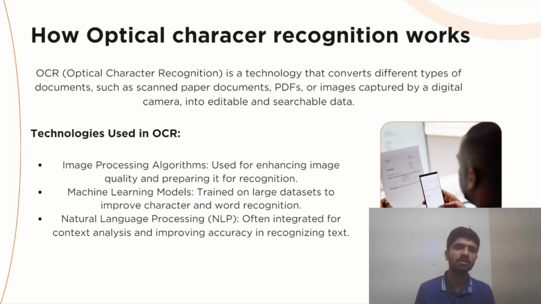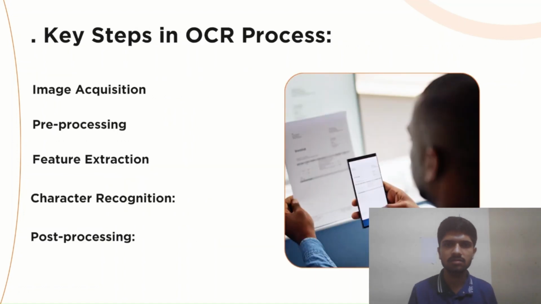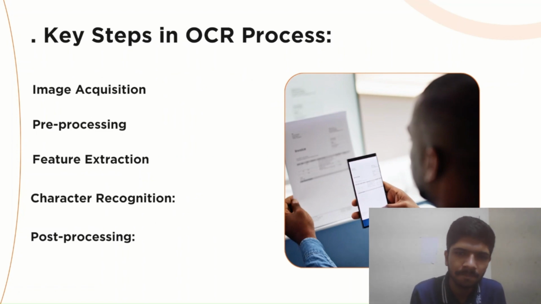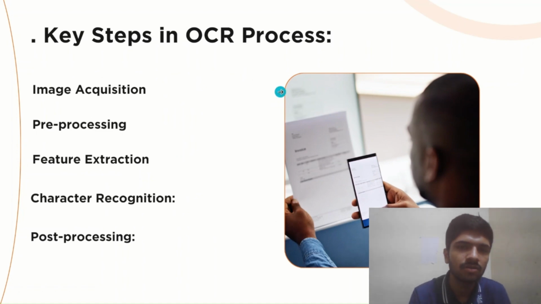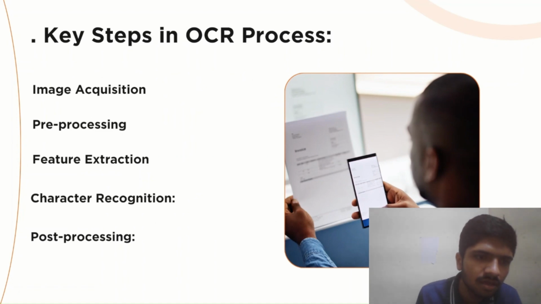So moving forward, the key steps in the OCR process. The first step is image acquisition. In OCR, a high quality image is very necessary to successfully and effectively recognize characters. So a high quality image is a must. And then pre-processing.